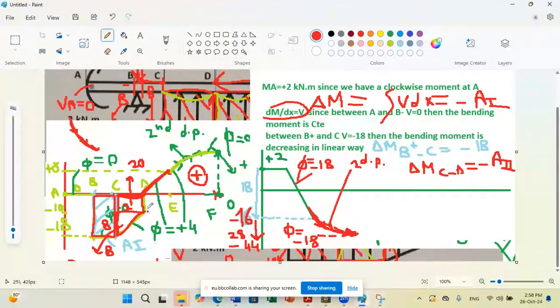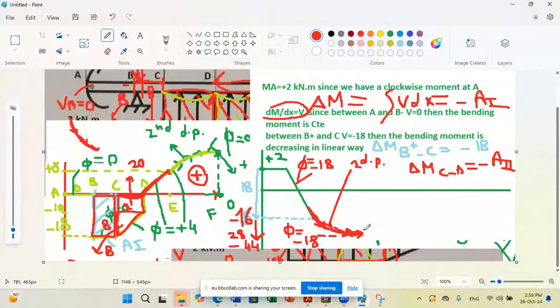The slope, we said at point D, was minus 10. Suddenly the slope here became 0. We jumped from minus 10 to 0, and then the slope will increase from 0 until plus 8.